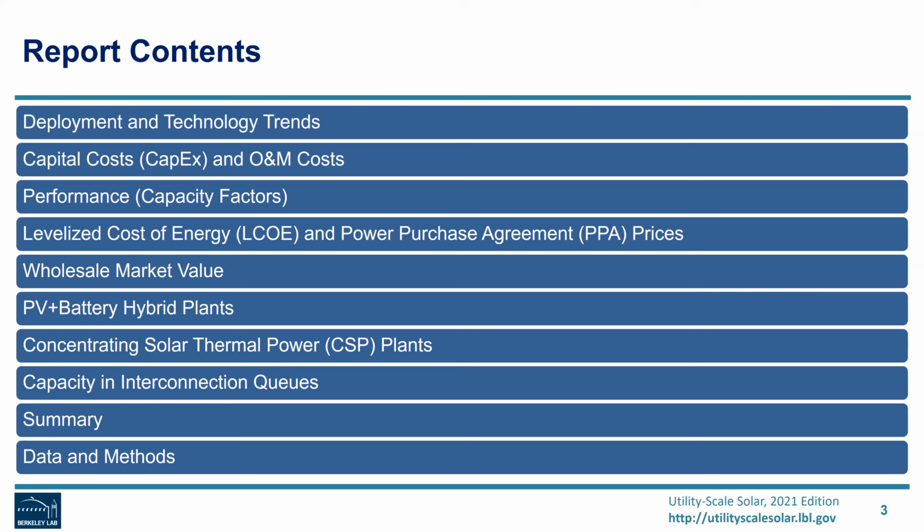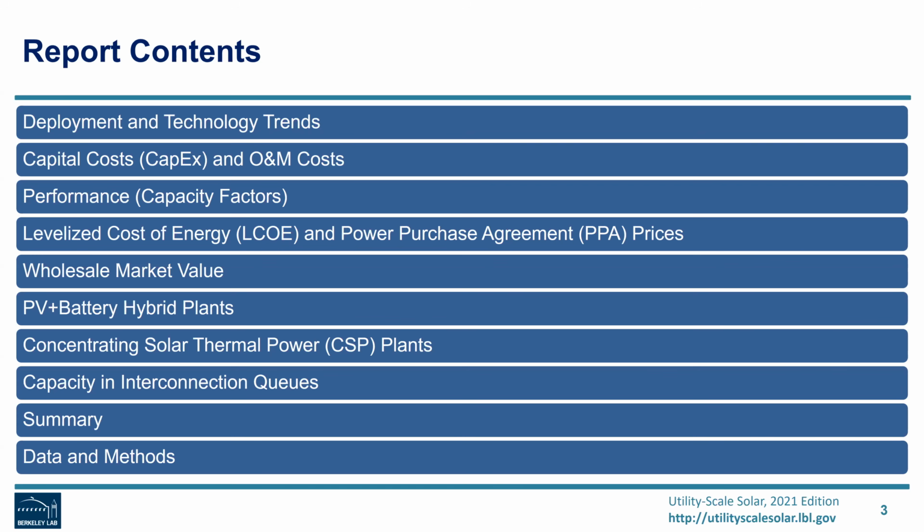So we have a lot of material to cover today. This report tends to go from the nose to tail of the utility scale sector, really trying to cover the whole spectrum of things that one might look at. So Yo and I are going to split this up. Yo will start out talking about deployment and technology trends and also upfront capital costs, or CapEx. He'll then turn it back to me to focus on performance, which we view through the lens of capacity factor. And I'll also talk about the levelized cost of energy as well as PPA prices for these utility scale PV projects.